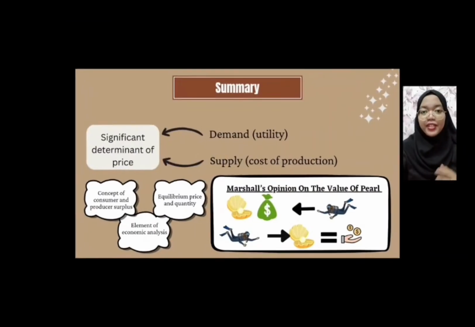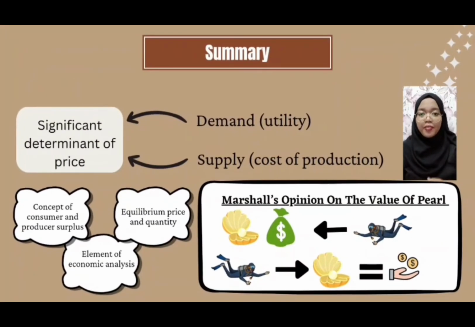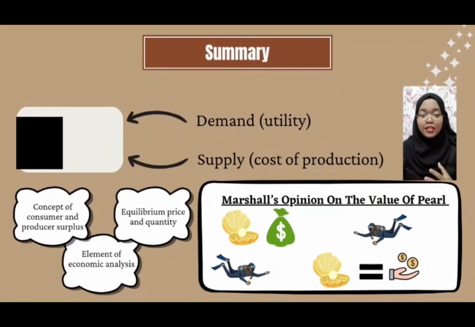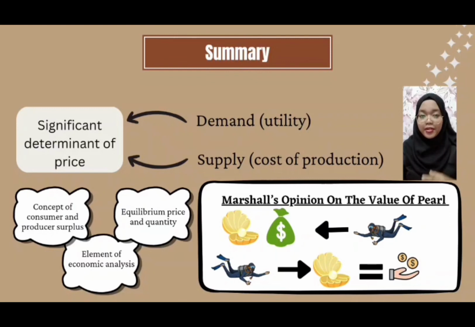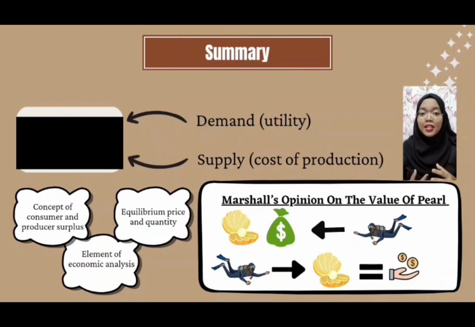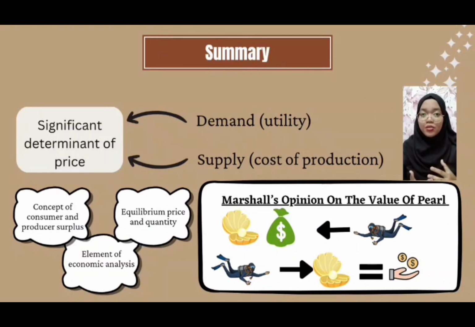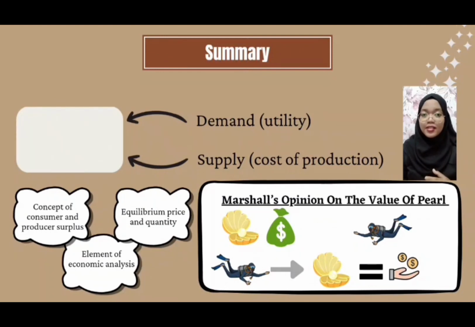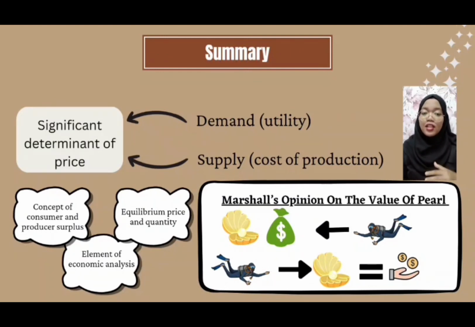I conclude from the figure Alfred Marshall that Alfred Marshall emphasized demand, utility, and supply cost of production as the significant determinants of price. He also introduced the concept of consumer and producer surplus. He also added the element of time in economic analysis and illustrated the idea of the equilibrium price and quantity by using the table and graph approach.